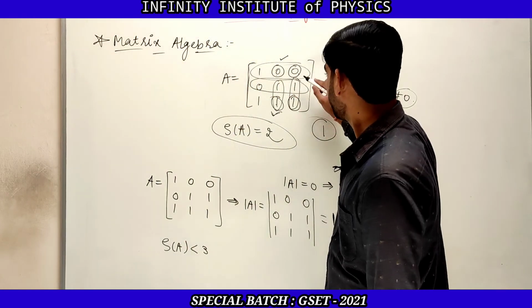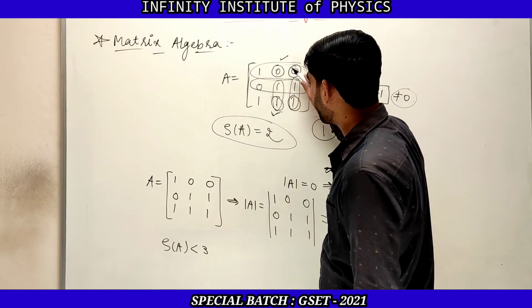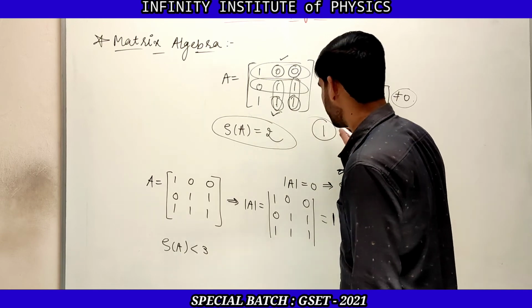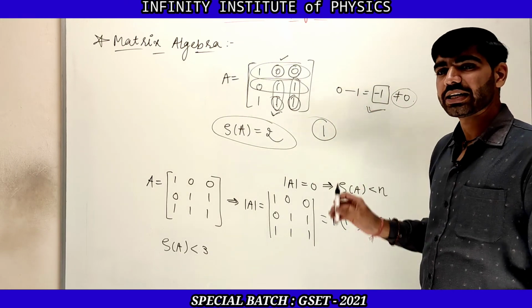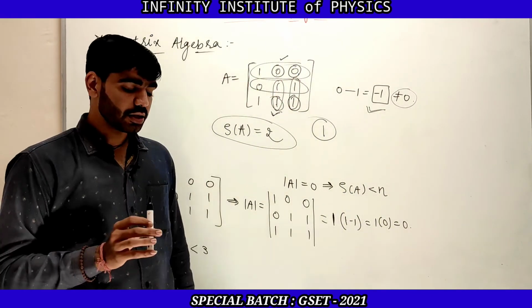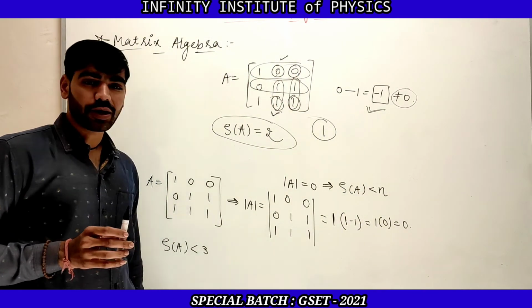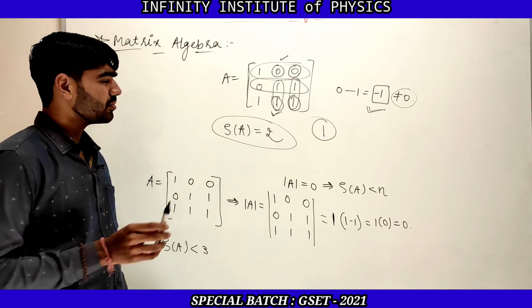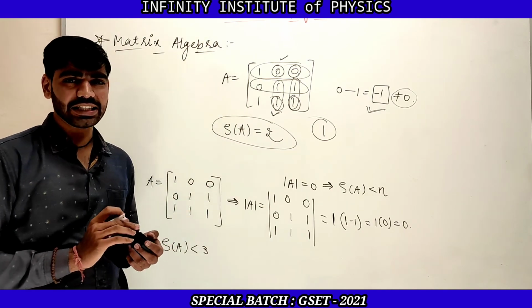So if you are getting every 2 by 2 determinant as 0, then the rank will be 1. Clear? So if a square matrix is given, then you can find the rank precisely this way.